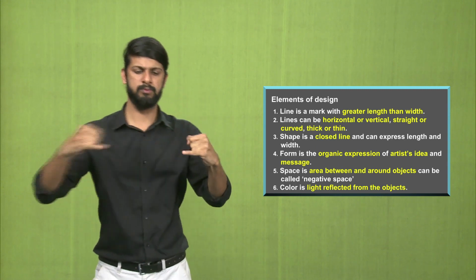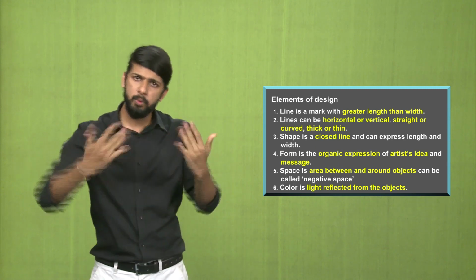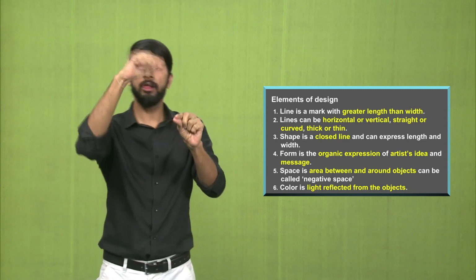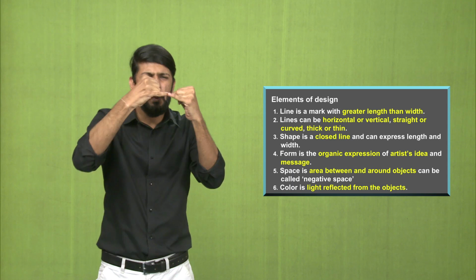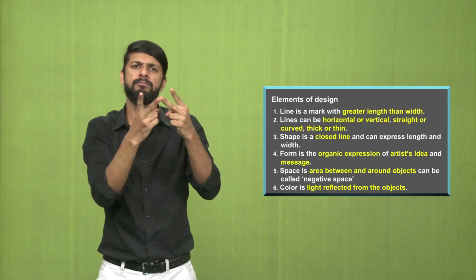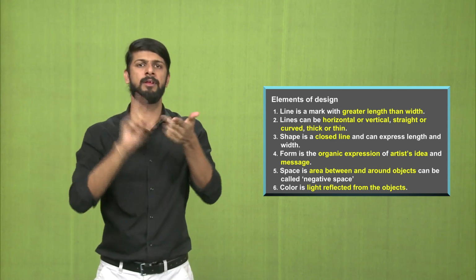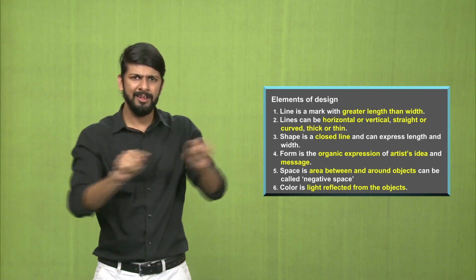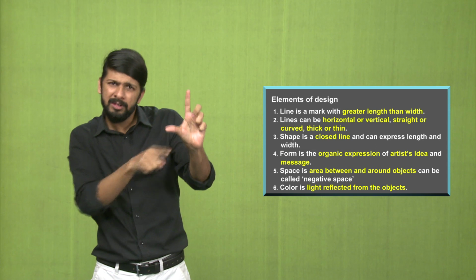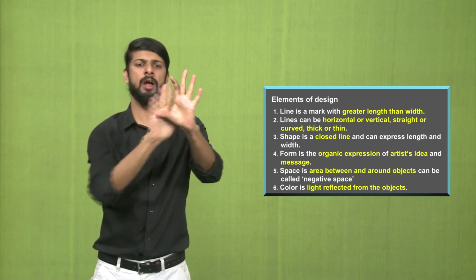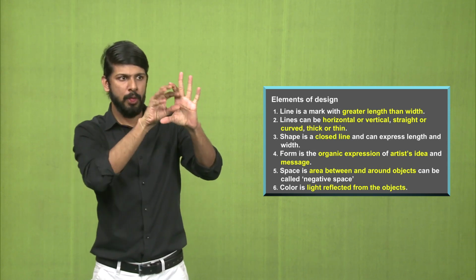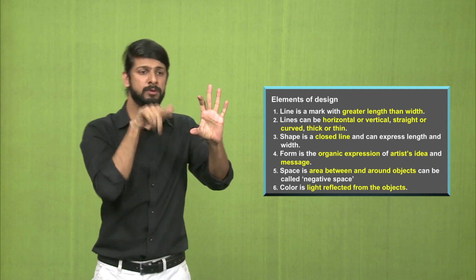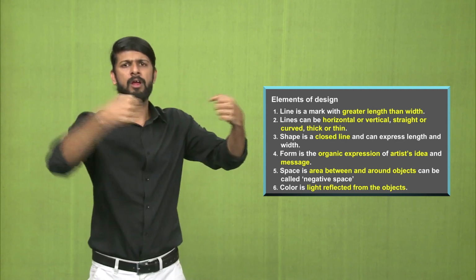It could be horizontal, then vertical, it can be curved, or it can be straight, it could be thick, or it could be thin. Shape is a closed line, and within that line you can see the length and the width.